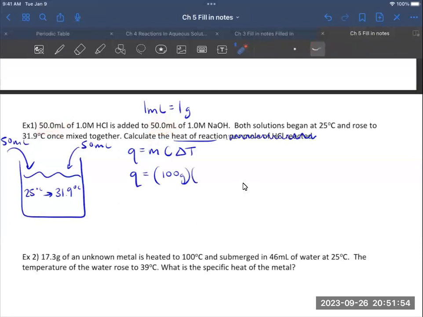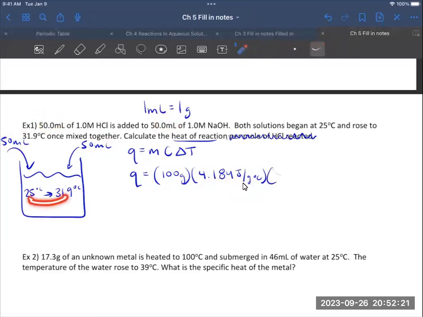Because this is happening in an aqueous environment, both of these are aqueous solutions, we're going to use the specific heat of water as the specific heat for the solution. So 4.184 joules per gram degree Celsius. And that's going to be the case, guys, for all of these problems. Unless they give you a different specific heat to use, you should use the specific heat of water if you're dealing with solutions. And then finally is the ΔT, the change in temperature.